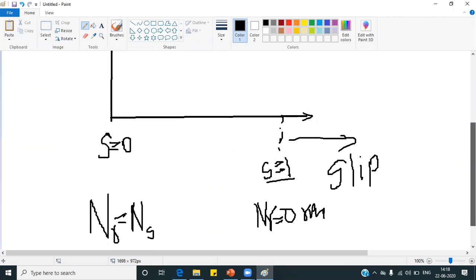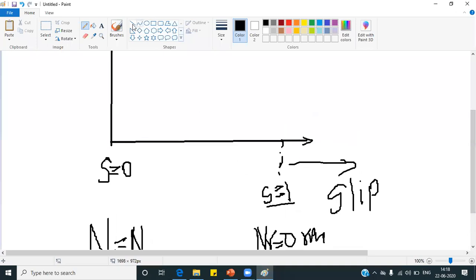Now all of you see one thing. Let me change the color for better understanding. This is the slip. If I want to represent the speed on the x-axis, then the speed axis will be in the reverse direction.